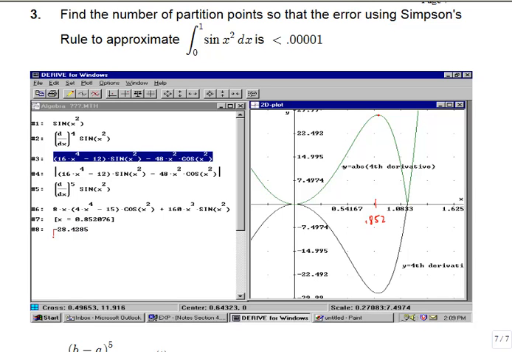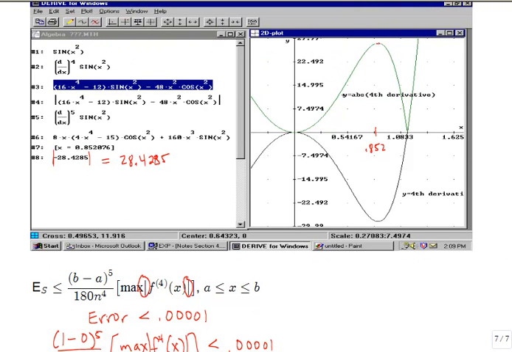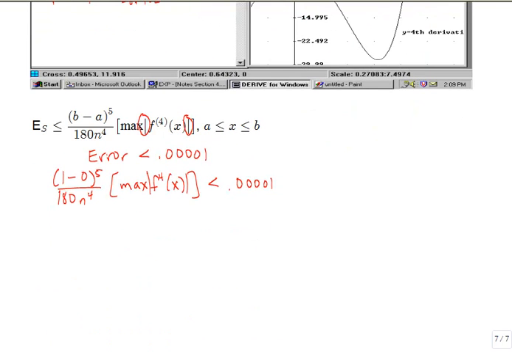If I take the absolute value of that, it would be positive 28.4285. We want the positive because this error formula assumes that you're using the absolute value. So the largest that this max takes on is 28.4285. I'm going to substitute that number in right here.